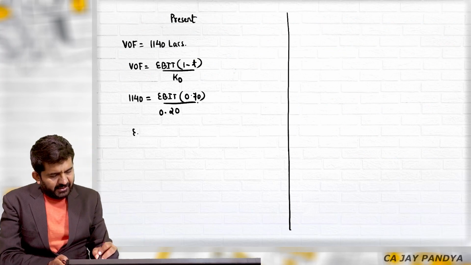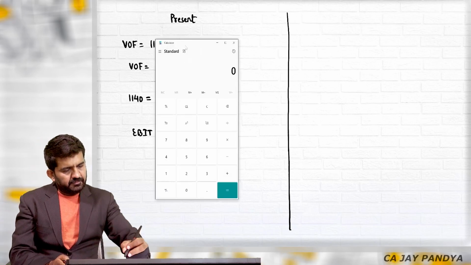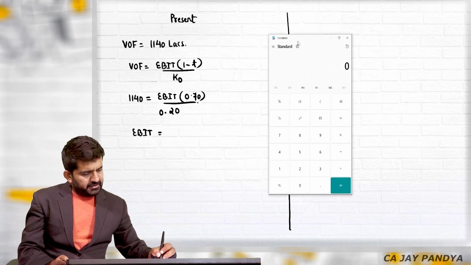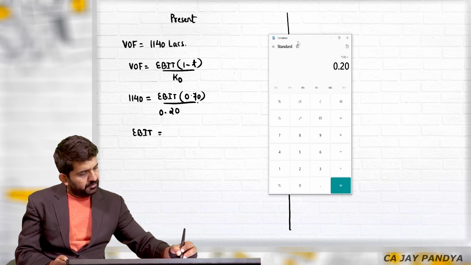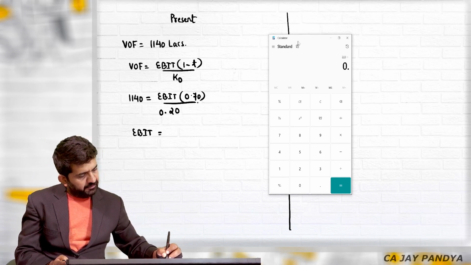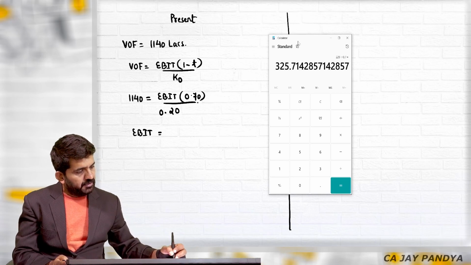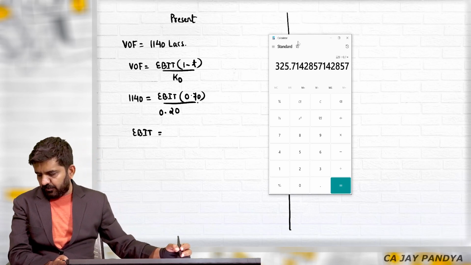So EBIT, I will be directly getting the answer. It is 1140 into 0.20 divided by 0.70, which is 325.71.